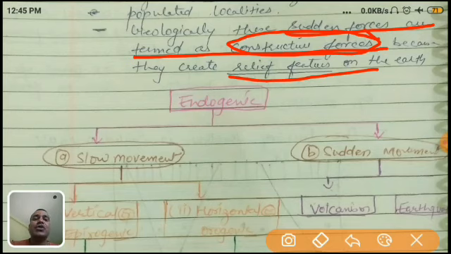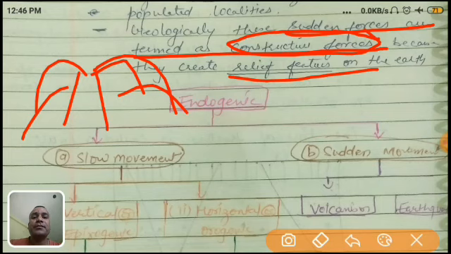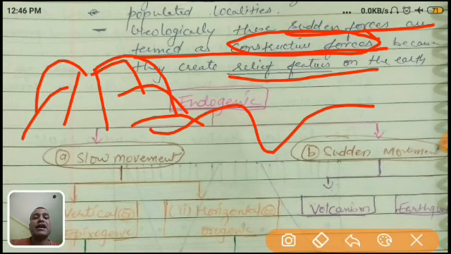So when an earthquake or a volcano happens, it creates some landforms. That's why they are called constructive forces. When a volcano erupts, it throws out many types of minerals and rocks, and it creates landforms, plateaus, plains, and precious metals.